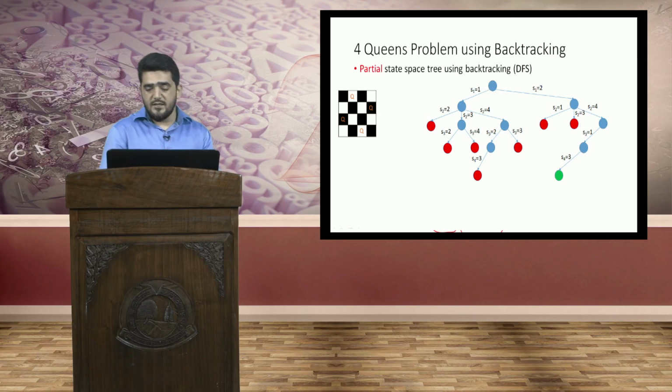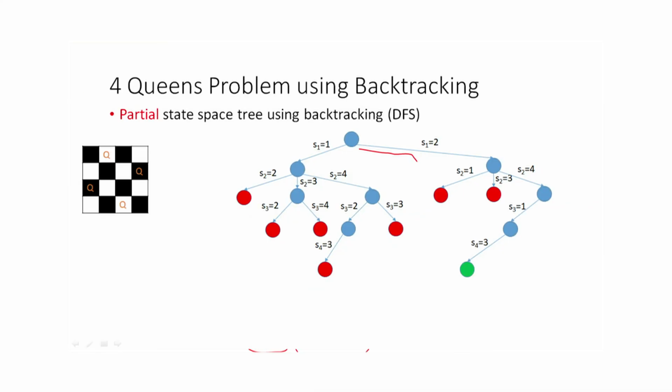This solution vector means we select column number 2 for the first queen, then column number 4 for the second queen, then column number 1 for the third queen, and finally column number 3 for the fourth queen in the fourth row. This vector, 2, 4, 1, 3, is the final solution vector.